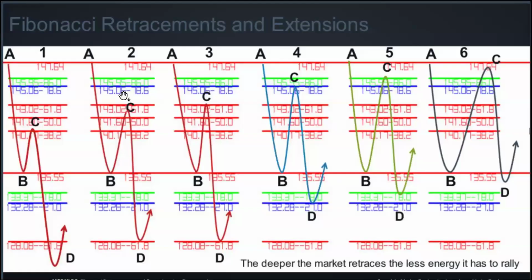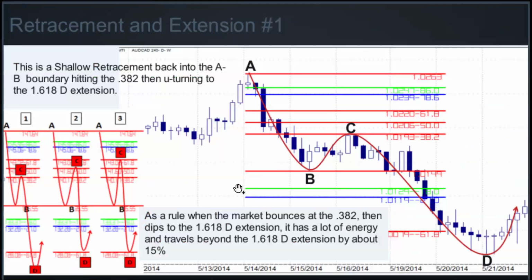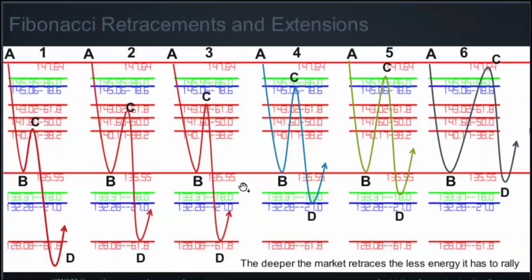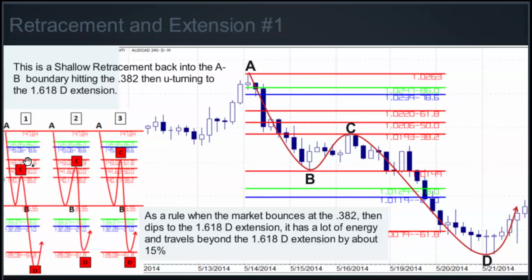We said there are 6 ways the market moves from B to C, and there are 6 ways the market moves from C to D. We talked about these 6 ways, and then we did an example for each of them.